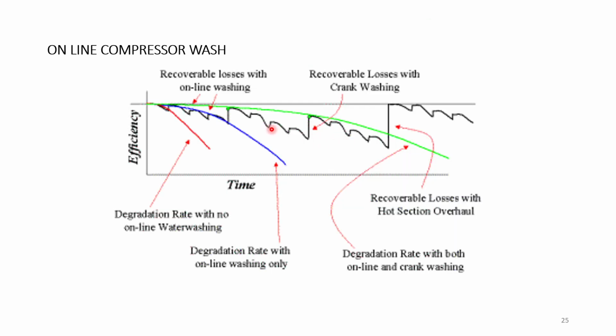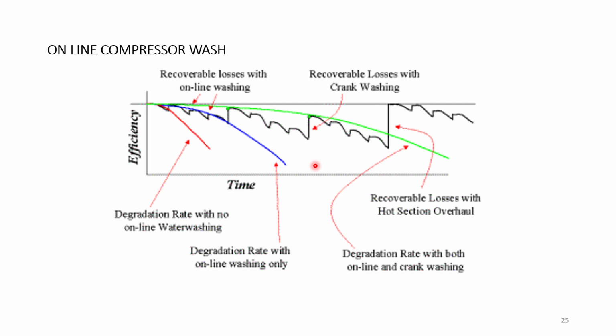Now there is an online compressor water wash system. In that system, what happens? Slowly dust deposits on the compressor blades and it reduces the compressor efficiency and compressor output. To recover it, the water wash is done with detergent and then the losses are recovered.